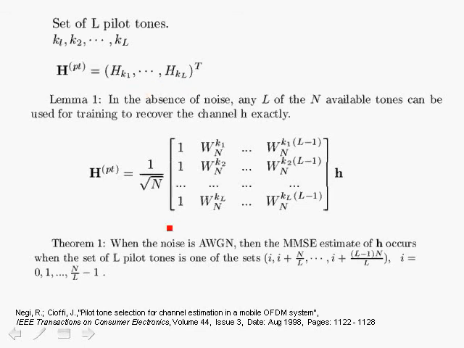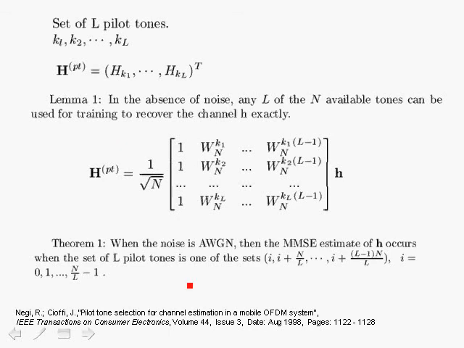So this basically says, which is very interesting, that if I have a channel impulse response that has L samples and I use L pilots among the total n number of available tones, and if there is no noise in the channel, then I can estimate the channel impulse response exactly, which is H.